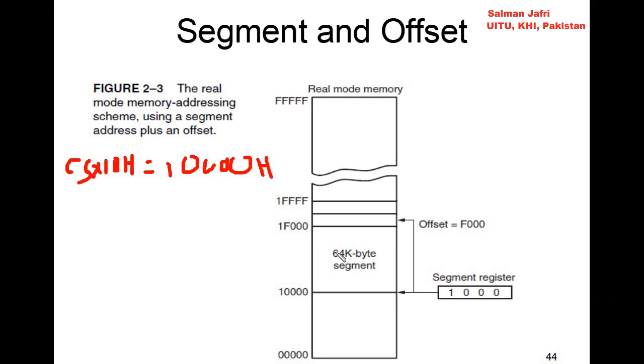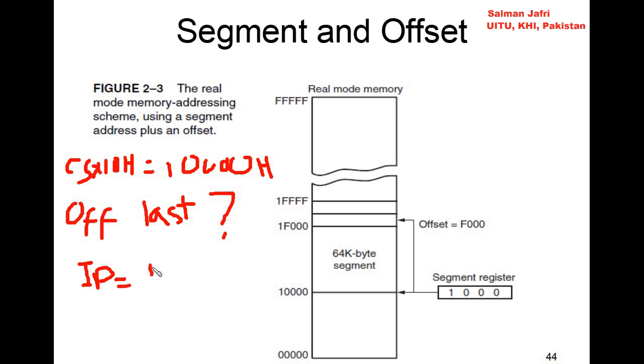Now if I want to find the length of this particular segment, I would look at the last location of this segment. So what would be the offset of the last location? The offset of the last location should be the highest value of the offset register. So if we are talking about IP as the offset register, what would be the highest value of the register?